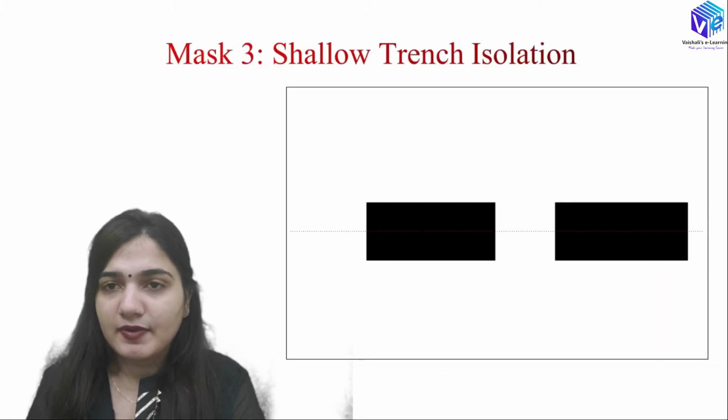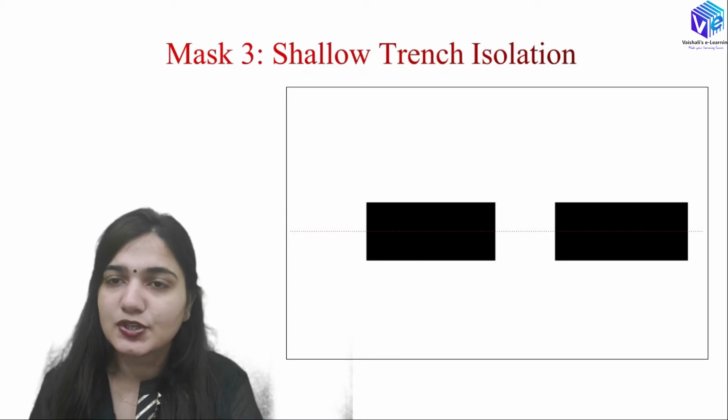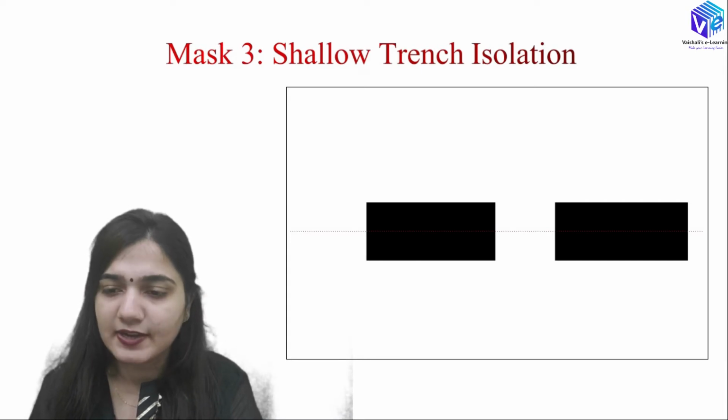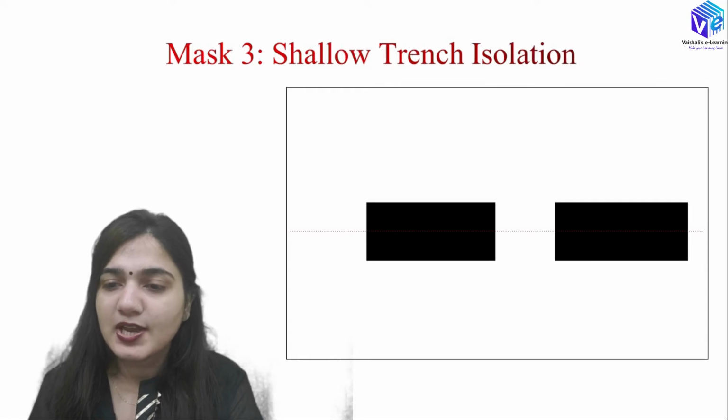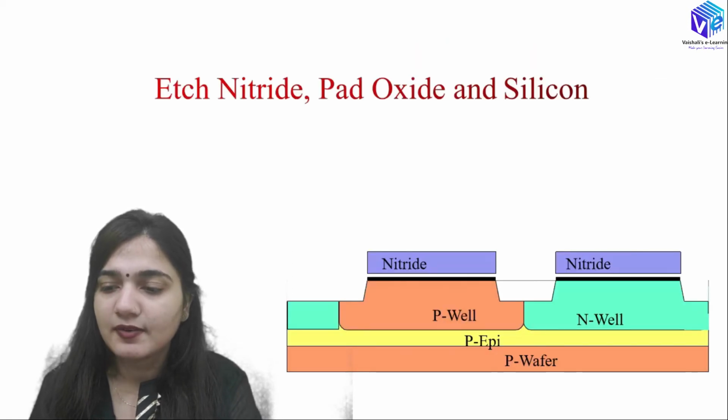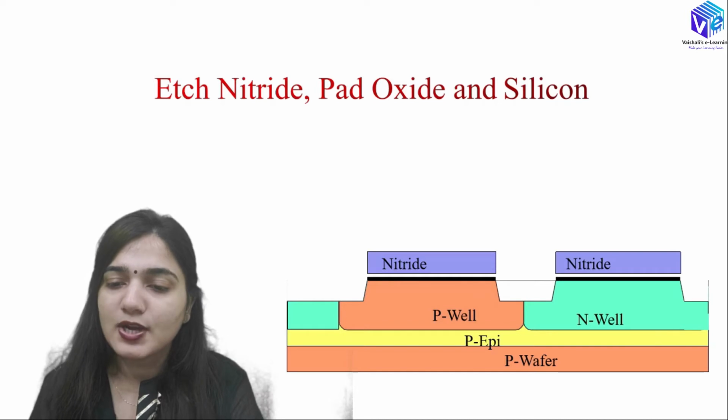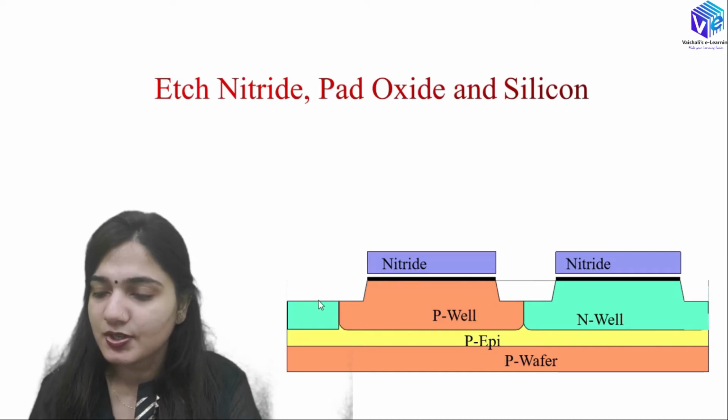So after that we will be doing the shallow trench isolation. For the shallow trench isolation only, I have deposited the nitride first. So I will be using the shallow trench isolation mask, and with the help of photolithography I have made the trenches over here, right? So these are the trenches that are present here. We are going to etch out the nitride, pad oxide and the silicon to make this trench, right?